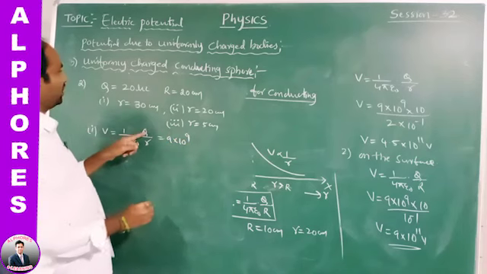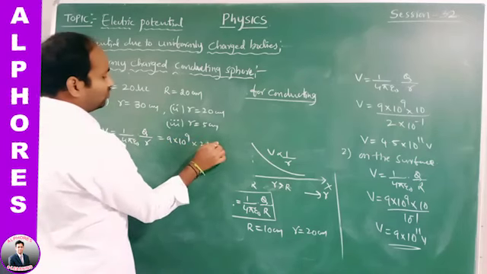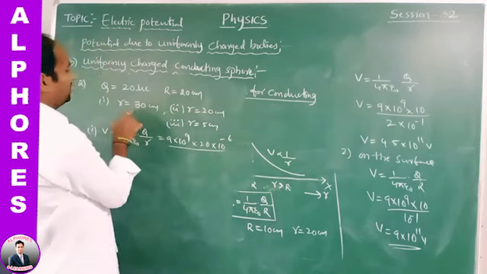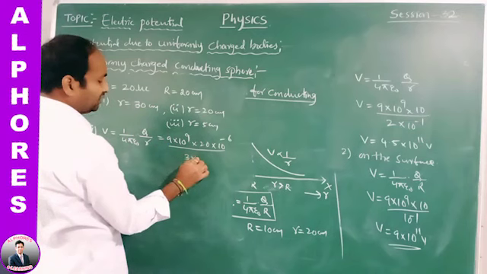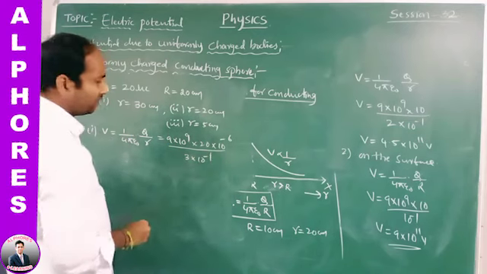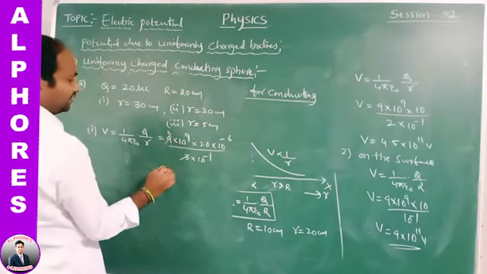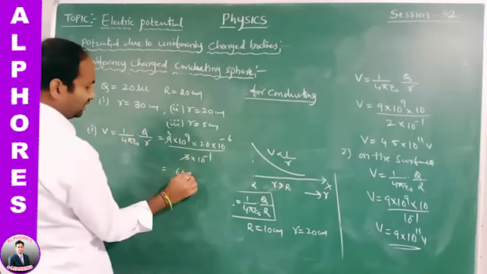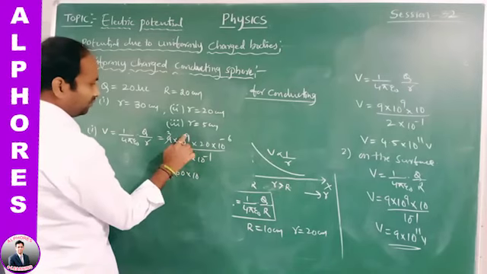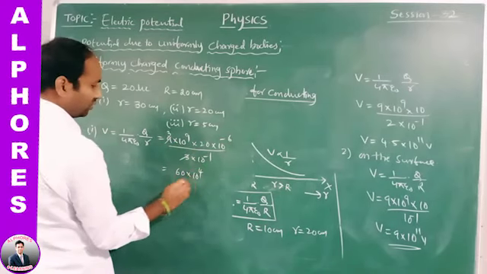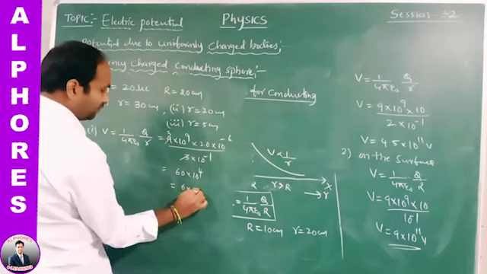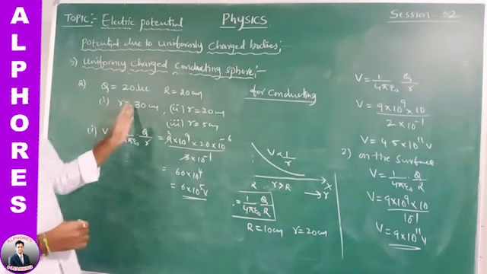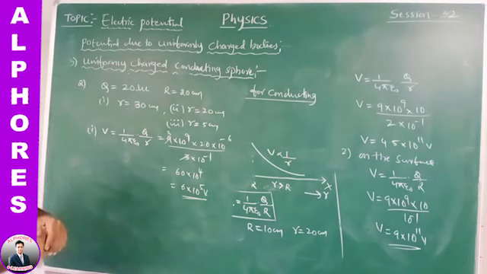Capital Q is 20 microcoulomb, 20 into 10 power minus 6, and small r is 30 centimeters, 3 into 10 power minus 1. 3 3s are 9, 20 into 3 is 60 into 10 power 3 plus 1, or 6 into 10 to the power of 5 volts. This is the potential at a distance of 30 centimeters from the center.